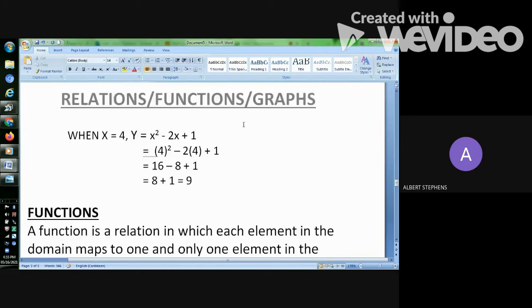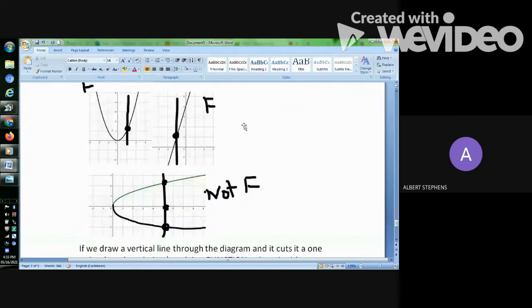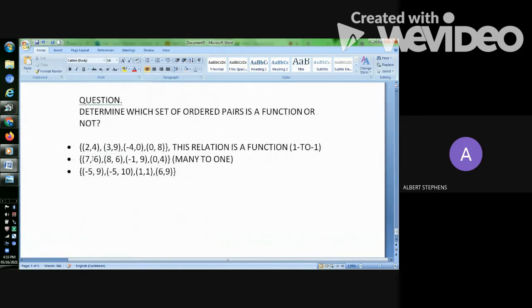If you look at these numbers here, 7 goes to 6 and 8 also goes to 6. So that's a many-to-one. So this relation is actually a function.